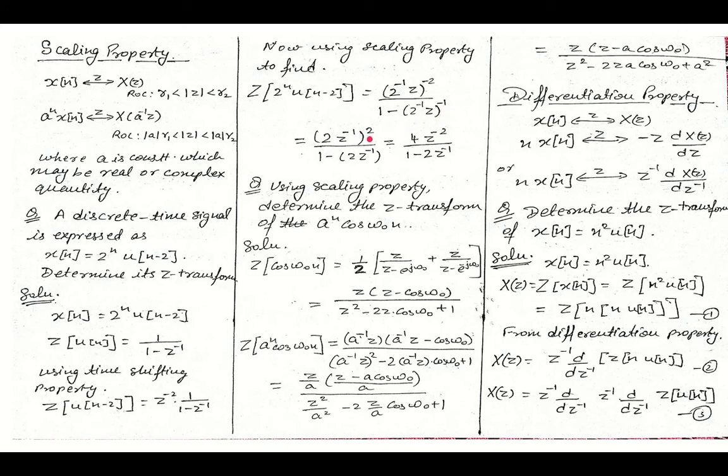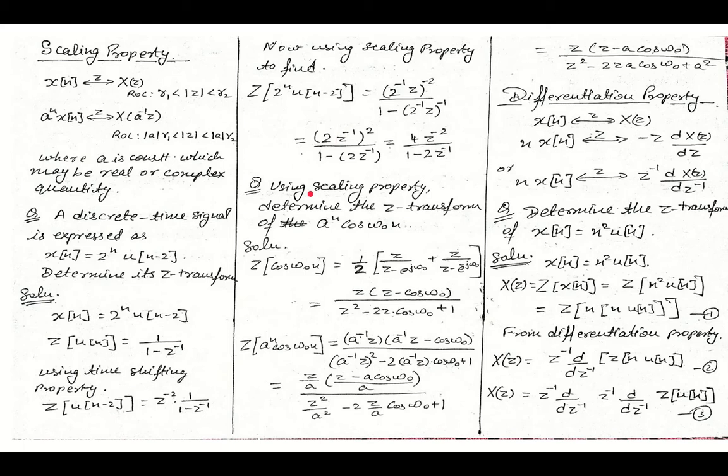If I take this 2 inside, it will be 2 square, which is 4, then Z to the power minus 2 upon 1 minus 2 Z inverse. This will be my Z transform.